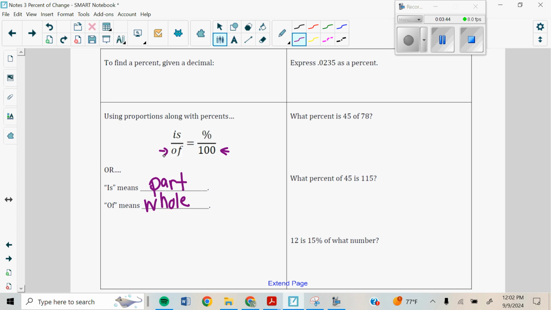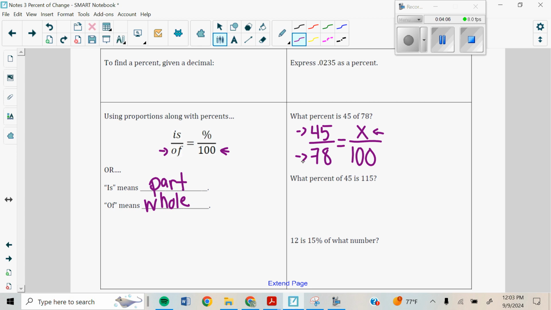What percent is 45 of 78? Truly, this is the same idea as the first problem. You are taking your 45 over 78, and setting it equal to x over 100. 45 is what percentage of 78?